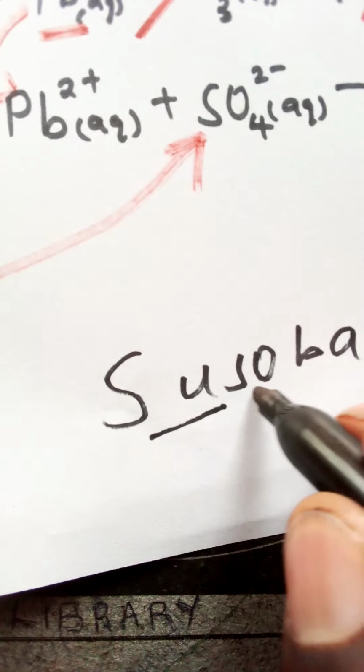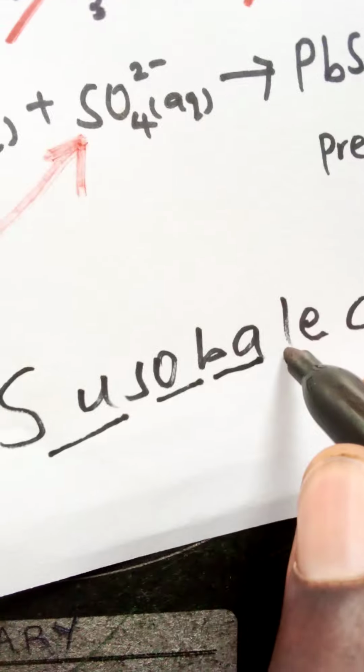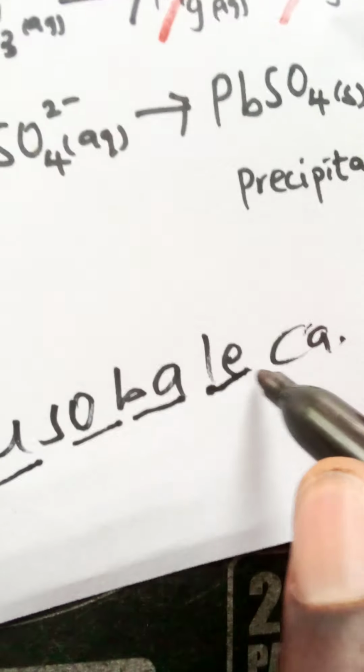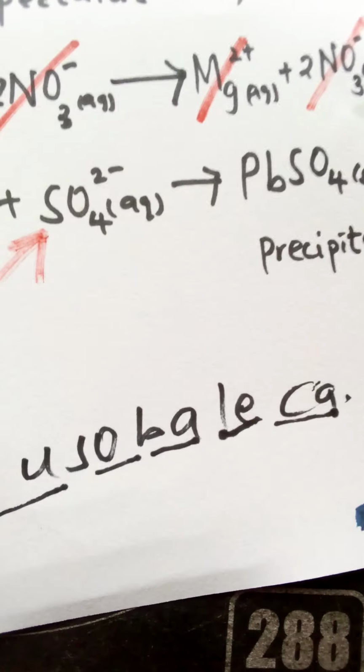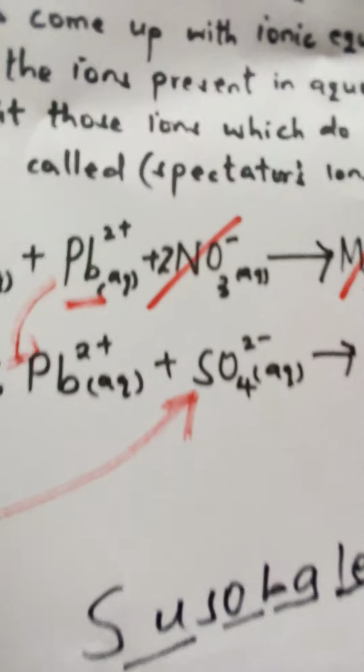This means that all sulfates are soluble except barium, lead, and calcium sulfate. But calcium sulfate is slightly soluble.